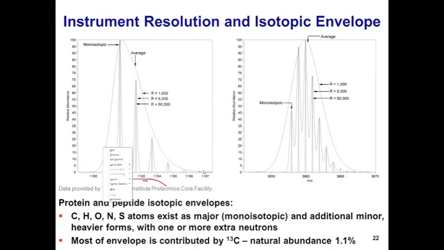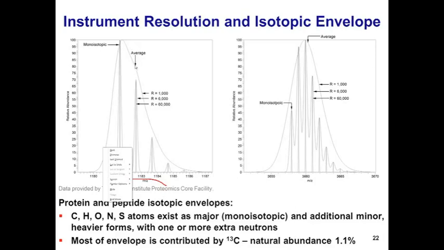So we have this very low resolution scan where we don't see the isotopic envelope, and we would then estimate the centroid and obtain an average mass.